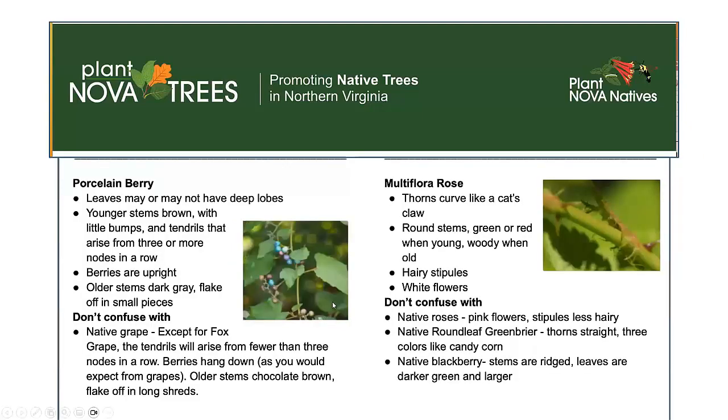Mulberry is a common, again, landscape plant, one that you're going to find in your landscape centers right now. The leaves usually are fairly deeply lobed, and it produces the purplish blue berries. Don't confuse it with our native grapes. The berries hang down on our native grapes, while the porcelain berries tend to be more upright.